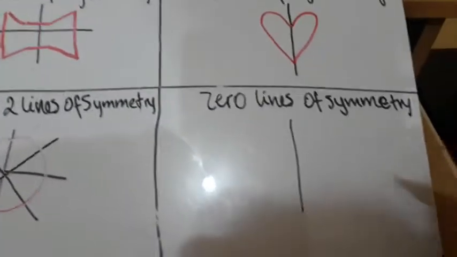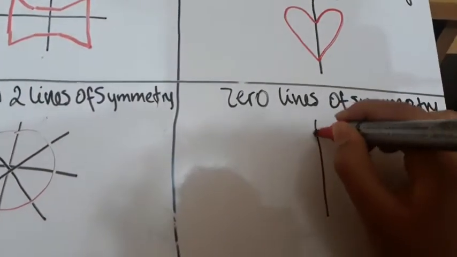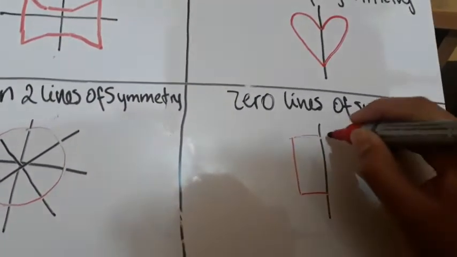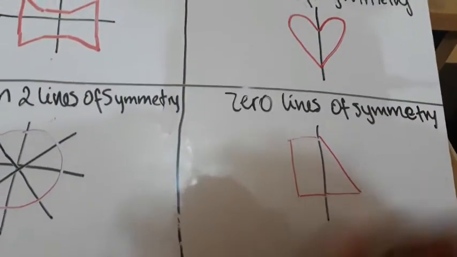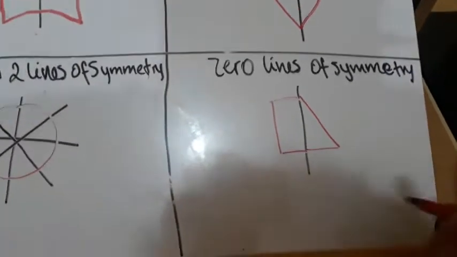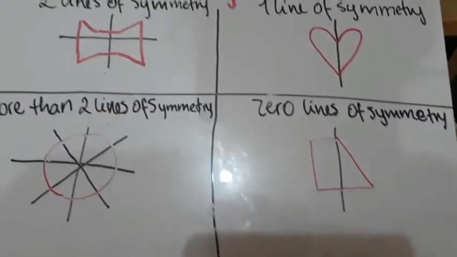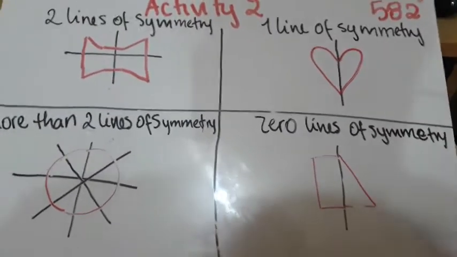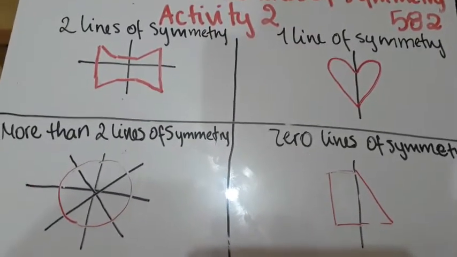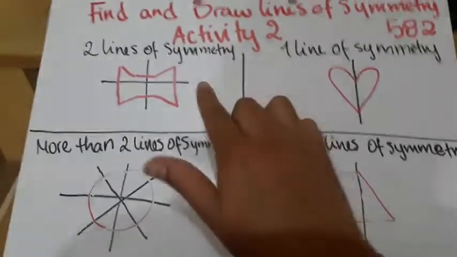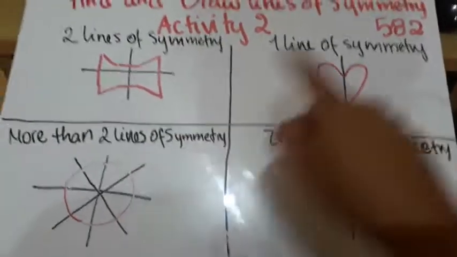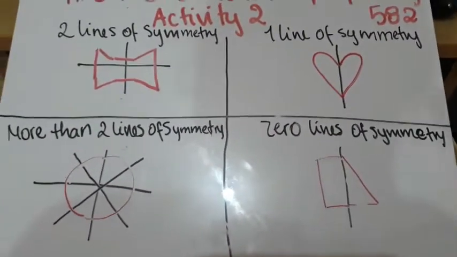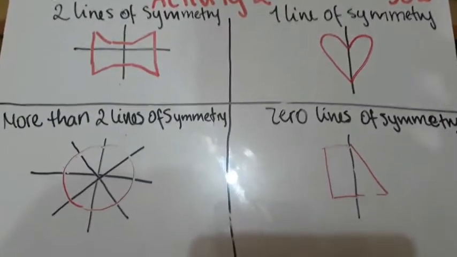So for example, I can draw something like that. I can make a square and I can make this here. So here I have 0 lines of symmetry because I don't have symmetry on this side and I don't have symmetry on this side. So please make your drawing. You can use other examples. I made these ones, but you can be creative and use other things.